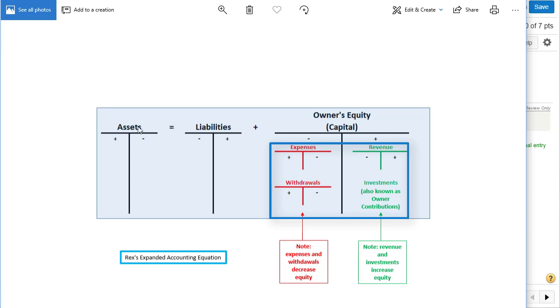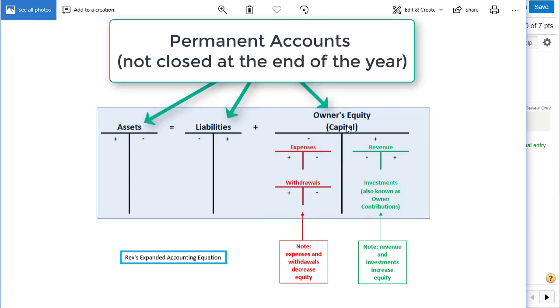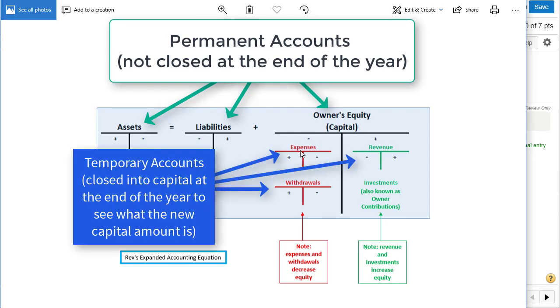So it turns out that assets, liabilities, and owner's equity are the permanent accounts, and these three accounts, revenue, expense, and withdrawals, are just temporary accounts. A temporary account is one that's going to be closed at the end of the year, and it's going to be closed into capital. In other words, we're going to close out the revenue accounts, and they're going to move into the capital account, and they will increase capital.